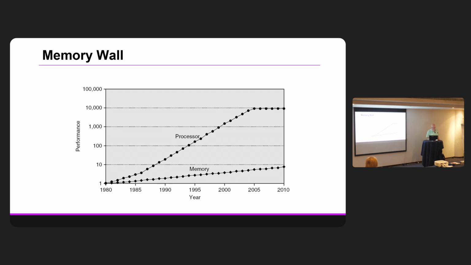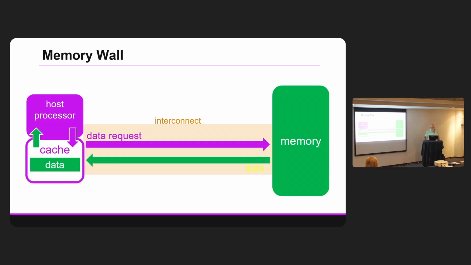So this shows up in a number of different ways. This turns into slow memory access. So the host processor, when it speaks to the memory, can't keep up, so the host processor has to wait for the memory to respond, which wastes time. It's bad for performance and bad for energy. The normal way to approach this is you put in an on-chip cache: a small, high-speed memory very close to the processor.